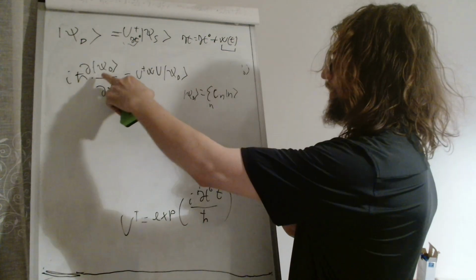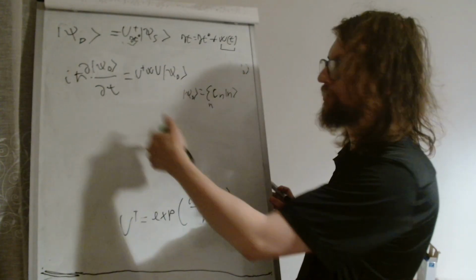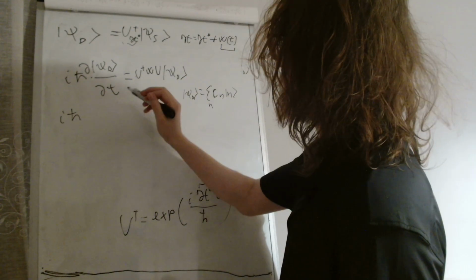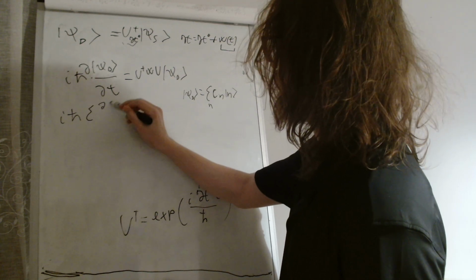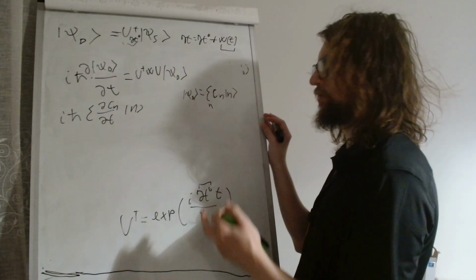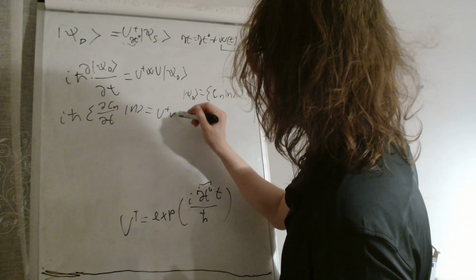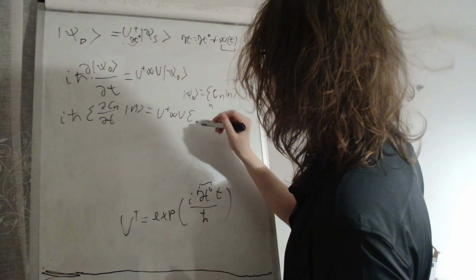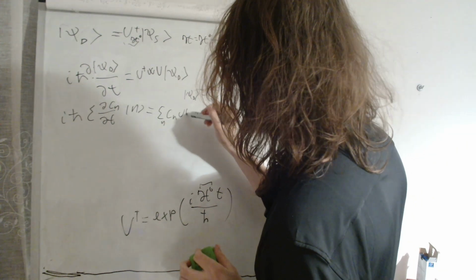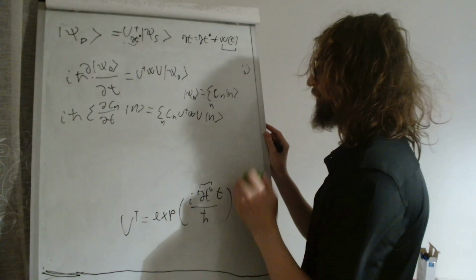So I have rewritten the equation for ψ_D here and the expansion for ψ_D here, and now we plug in the expansion to the equation and we get i h bar summation of the derivative of Cn, and the states do not depend on time, equals U dagger W U times the summation, I bring the summation here, Cn U dagger W U times the states |n>.